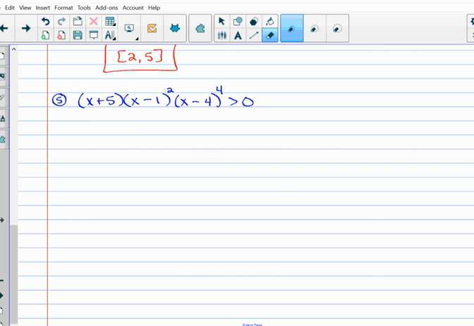Then I did 5 once again. I was working left to right essentially.